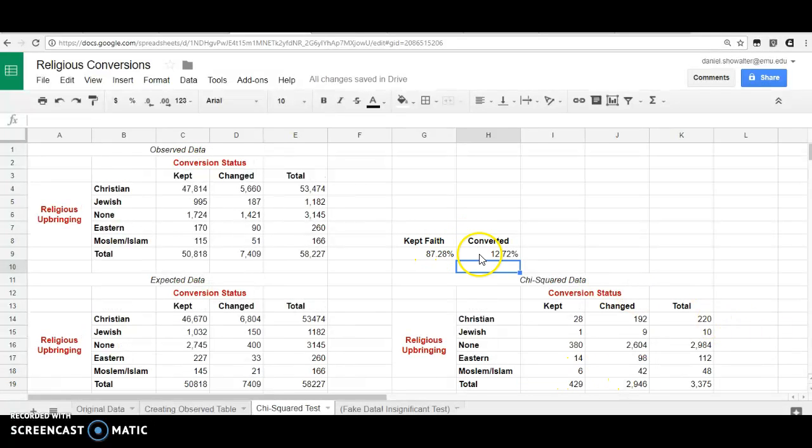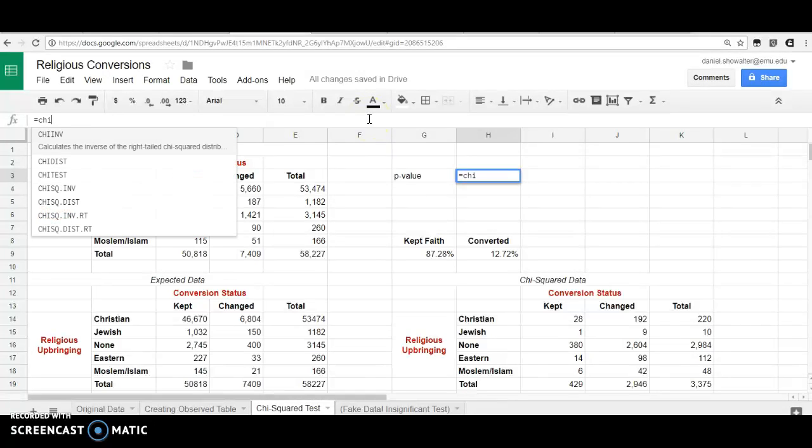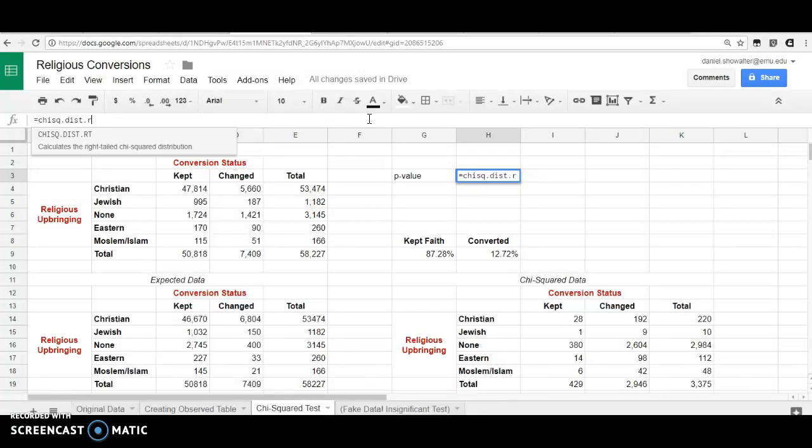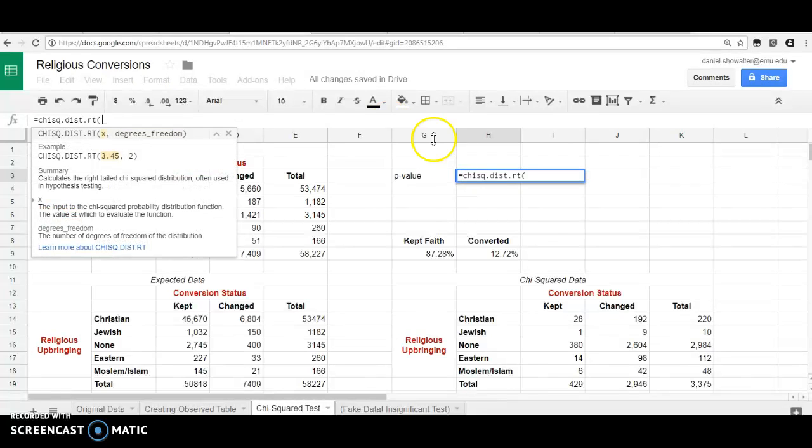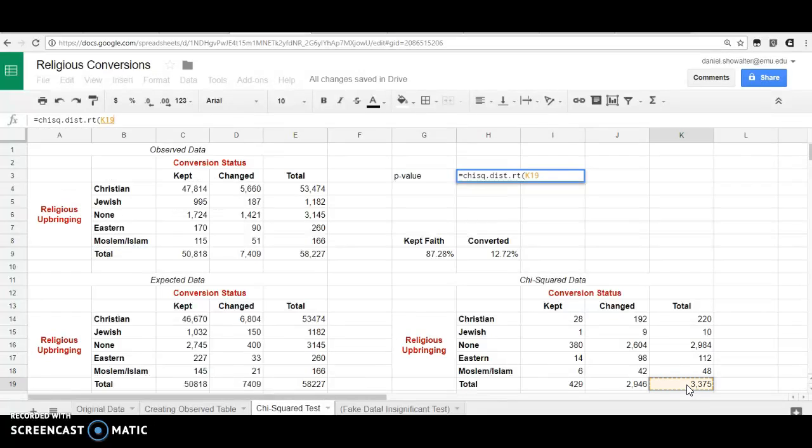And I also put these in percentages just so we could keep track of what was going on. Final step now, we finally, excitingly, get to figure out our p-value for the test. Let me do this by doing chi-squared dist rt. And then we're going to need to click that bottom right, which is the total, the sum of all the chi-squareds for our table.